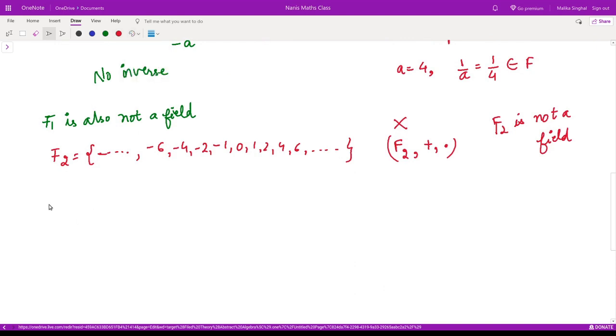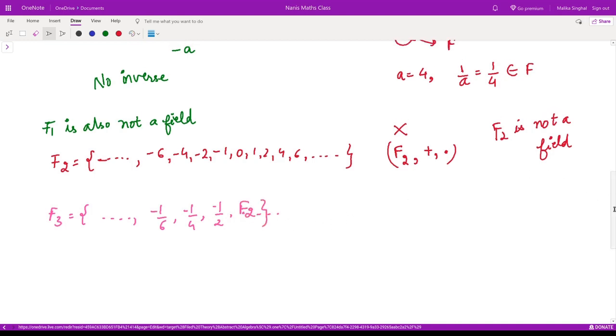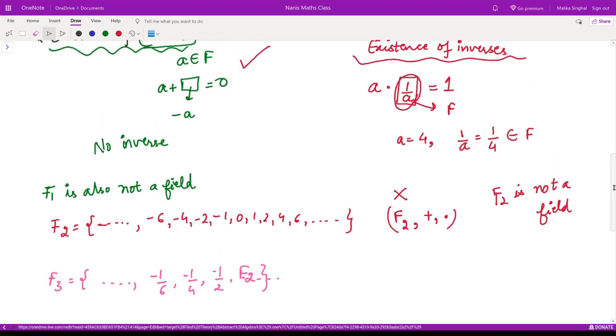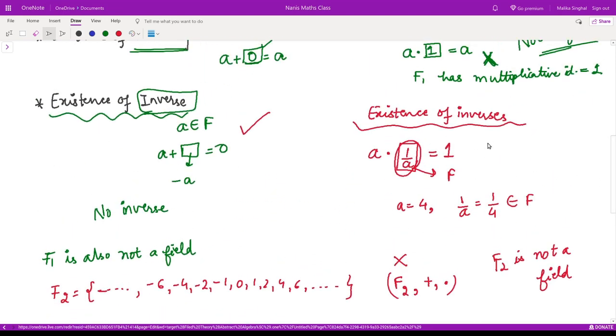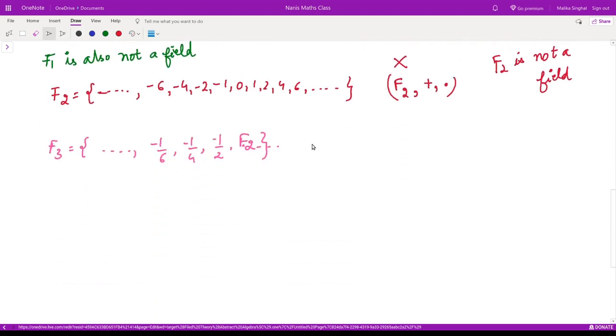We construct another set. What is that? Now it contains all the rational numbers as well, in addition to F2. So now this property is also satisfied. That means for every number we have the additive as well as multiplicative inverses. So we say that this set is a field. And if you see closely, what is this set?